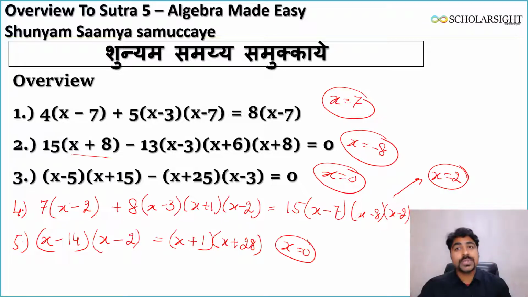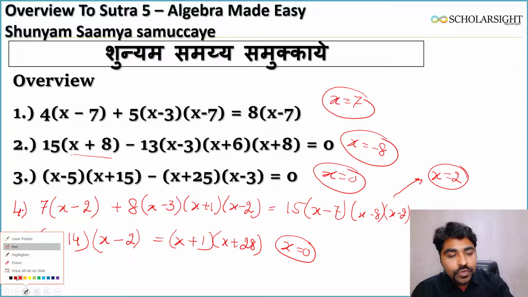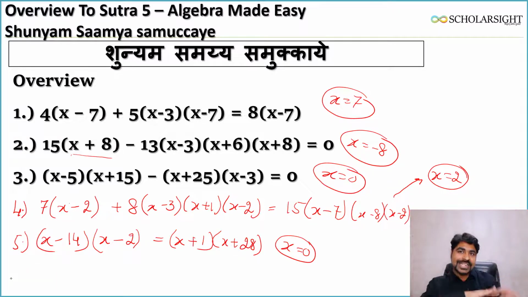At least now you must be a little intrigued. Let me show it to you how this is done. So, a little overview of this particular sutra first, and then we learn one by one all the things in linear equation using sutra number 5, quadratic equation, cubic equation, bi-quadratic equations using sutra numbers 6, 7, 8, 9 and 11.